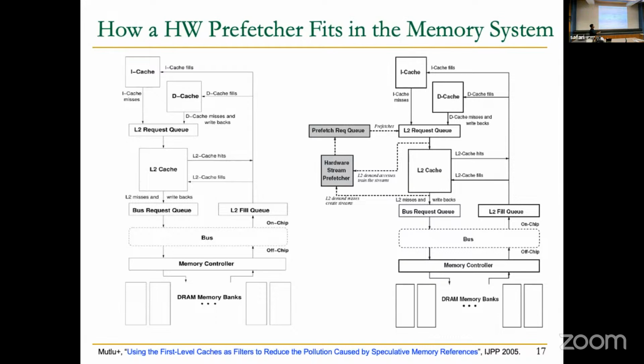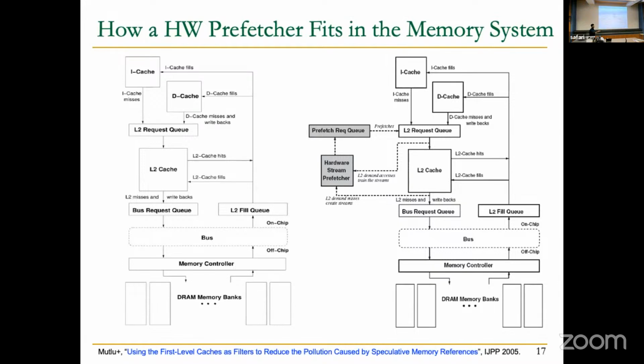Let's say in this case, the prefetcher is right beside the L2 cache. It sees whatever is coming out of the L1I and L1D caches, whatever is missing there, and it taps onto that stream. Basically it tries to learn some sort of pattern recognition, and I'll go into those techniques. Say I have seen cache block A coming, then A plus 2, then A plus 4, then A plus 6.